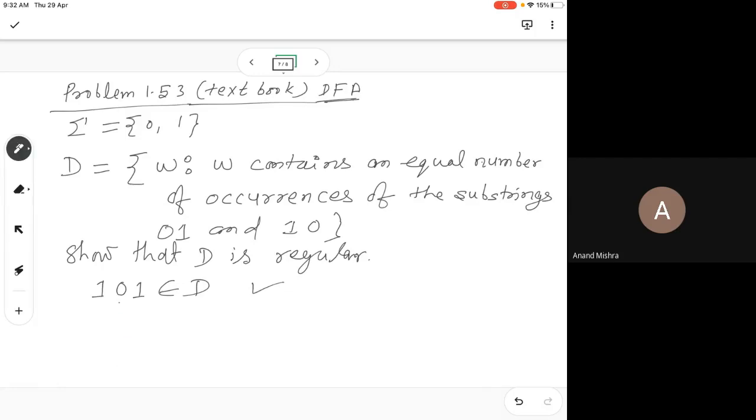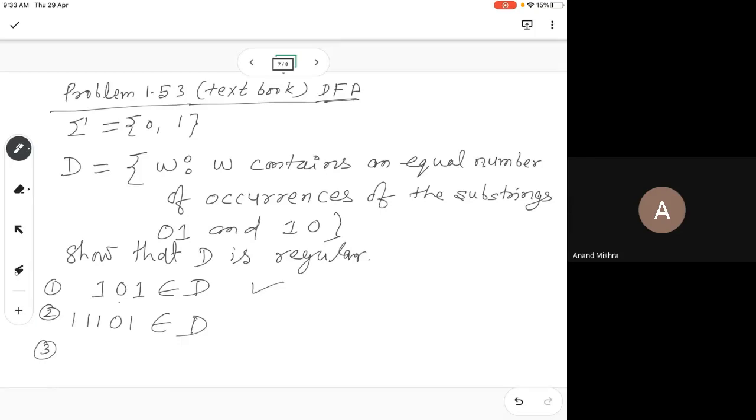What about 11101? This is also yes. First, second, third. First is yes, right? Because there is 110 and 101.